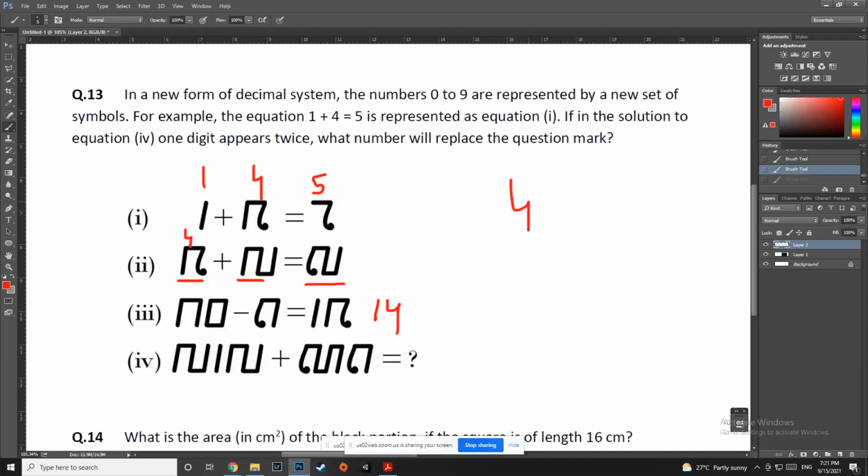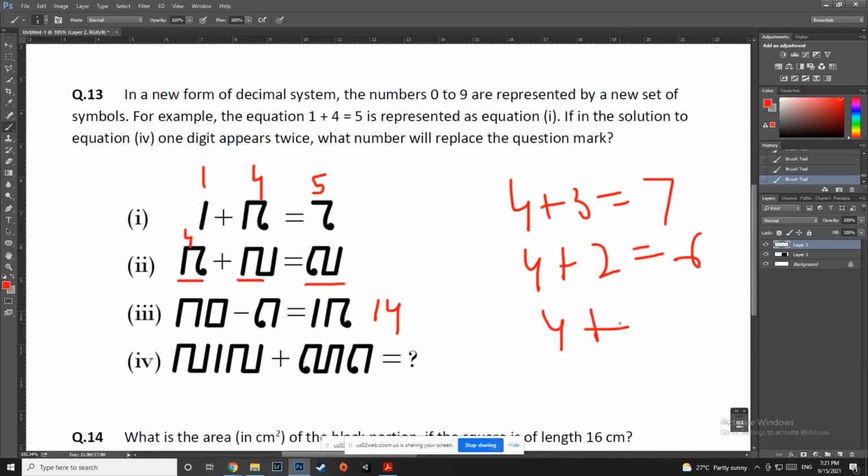So what are the options left? 4 plus 3 is equal to 7. 4 plus 2 is equal to 6. What else? It can't be 4, it can't be 5 because we already know what 4 and 5 look like. What else could it be? It can't be anything else because if we put 7 here, we start getting double digits, right? So it is either 4 plus 3 or 4 plus 2.